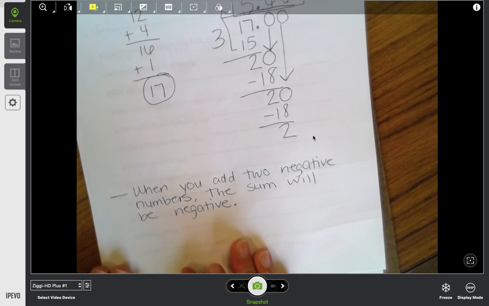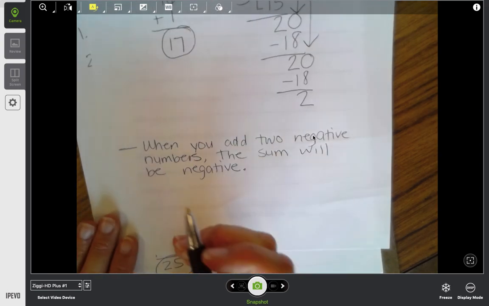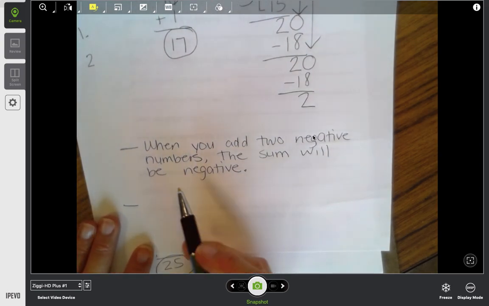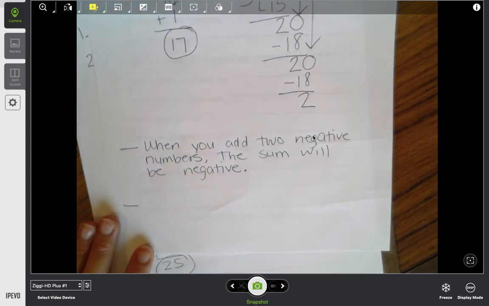Okay. And the other thing I want you to remember is this, because we know we have to add the numbers, but we're also going to be dividing negative numbers.